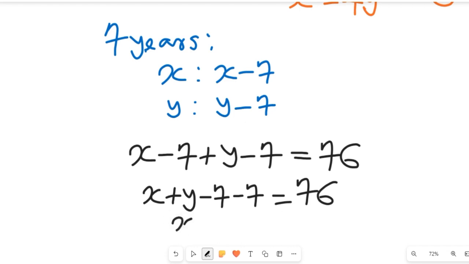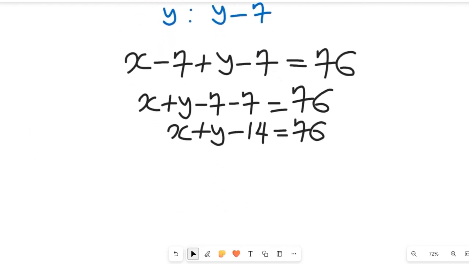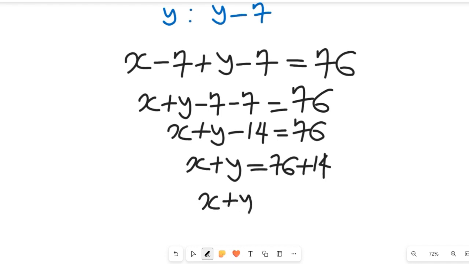Adding 14 to both sides, X plus Y is equal to 76 plus 14, which gives us 90. So this is going to be our second equation.